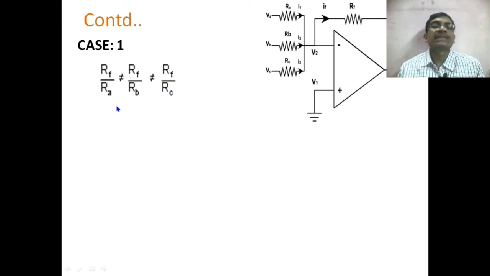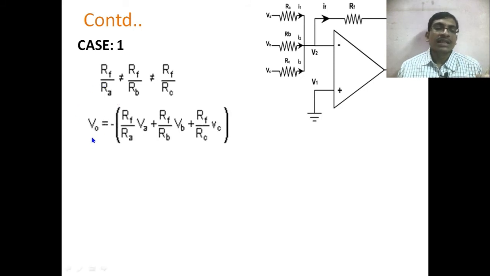But in this case, RA, RB and RC are three different values. Therefore, the V0 equation can be written as minus of RF by RA into VA plus RF by RB into VB plus RF by RC into VC.